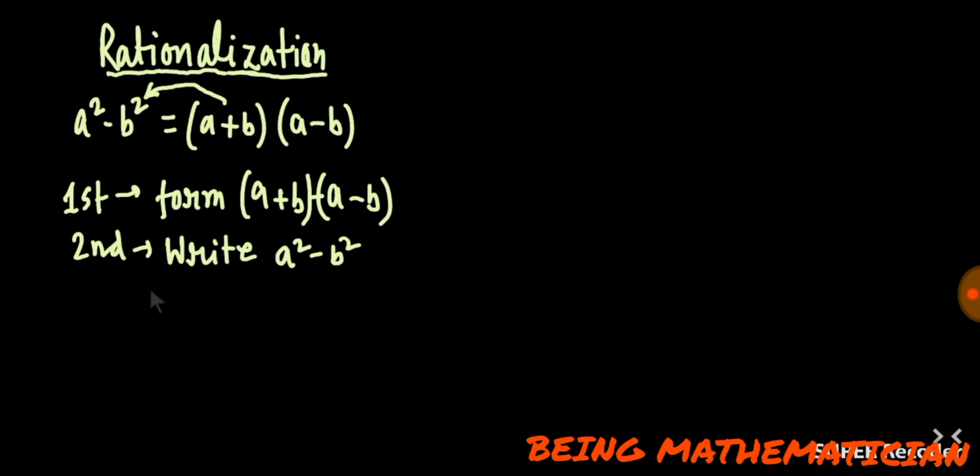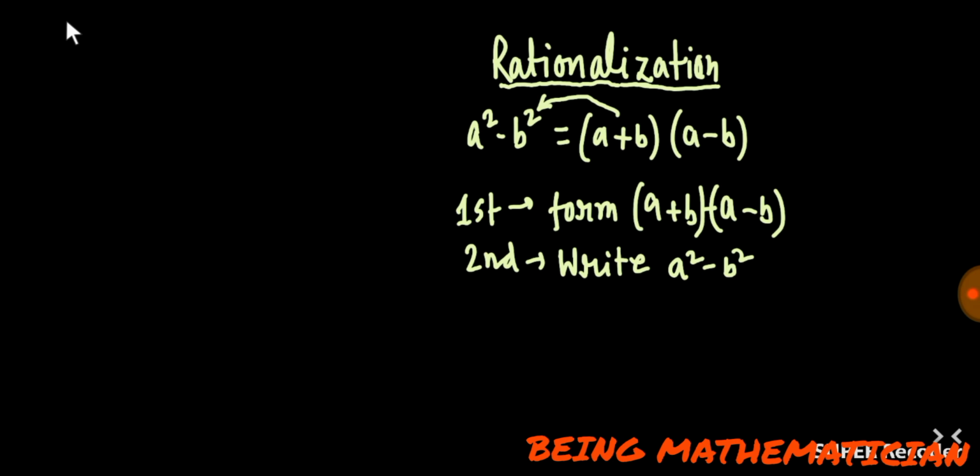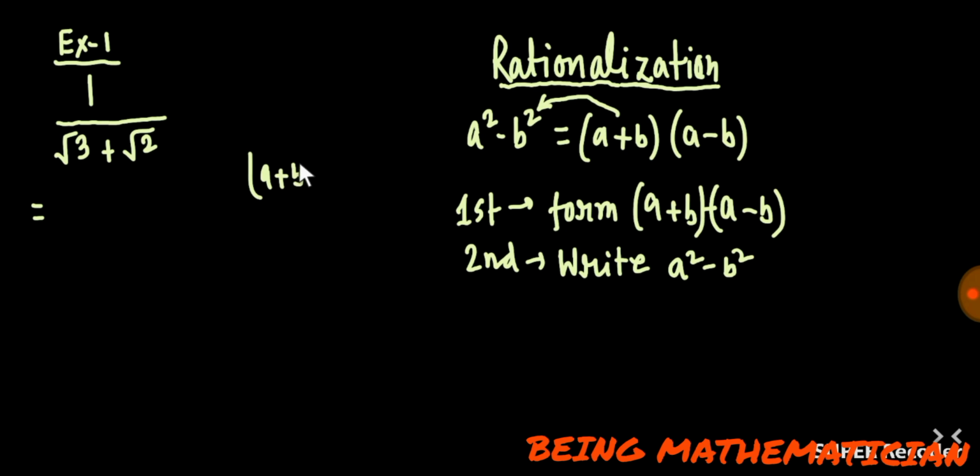Let's have a numeric example. Example 1. Rationalize the denominator root 3 plus root 2. So, to form a plus b into a minus b, we can multiply by root 3 minus root 2 on numerator and denominator both.